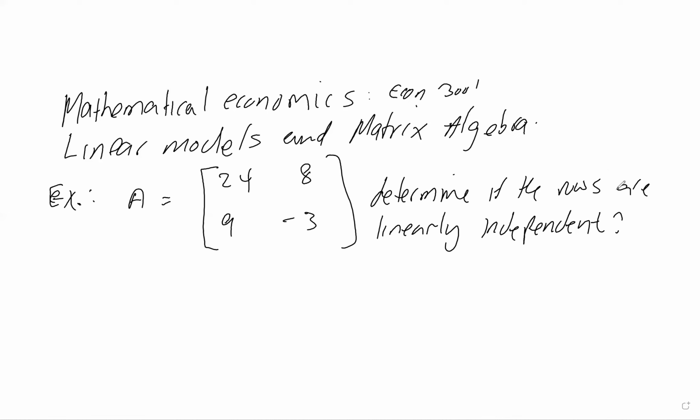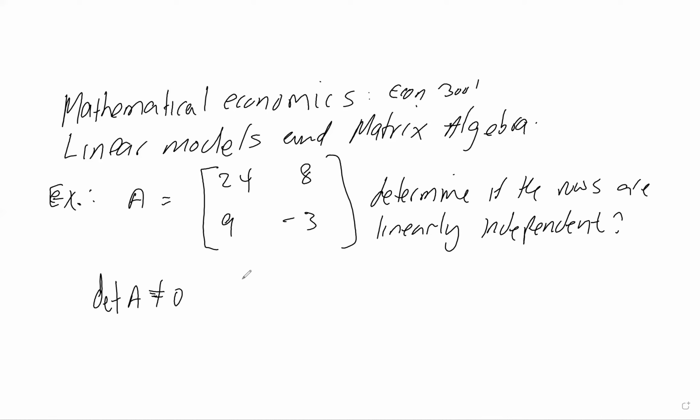Since we have a square matrix, it's going to be very easy. The easiest way to determine whether the rows are linearly dependent or not is to take the determinant of A and see if that determinant is not 0.